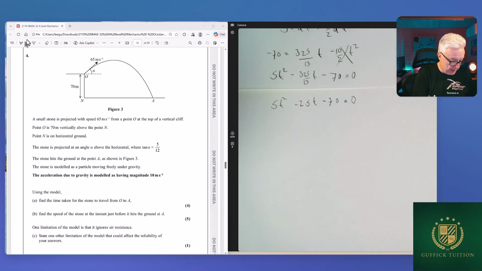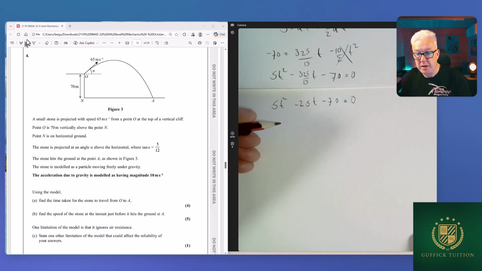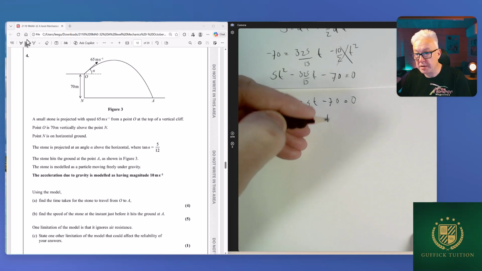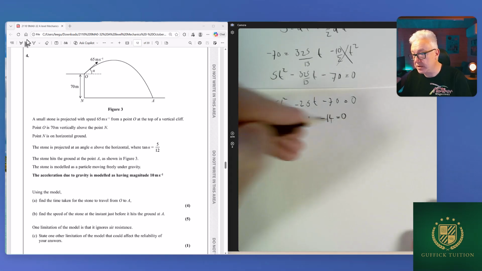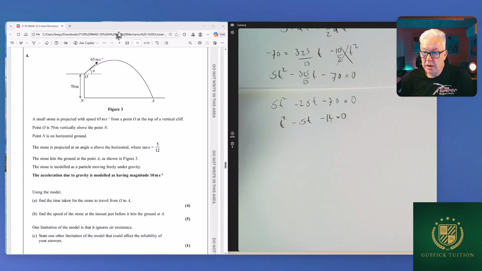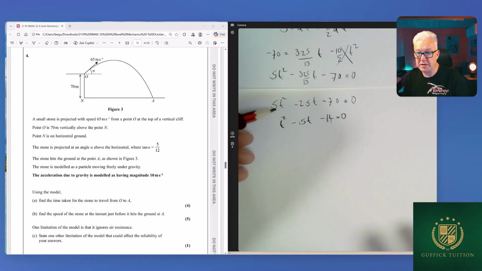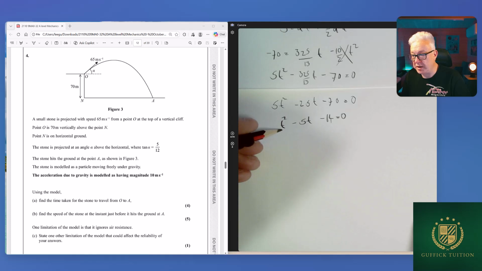We can divide everything by 5, which gives us t squared minus 5t minus 14 is equal to 0. That's going to factorise quite nicely, isn't it? Because we're looking for two numbers that multiply together to make minus 14 and add together to make minus 5.